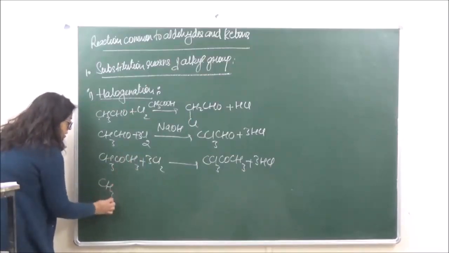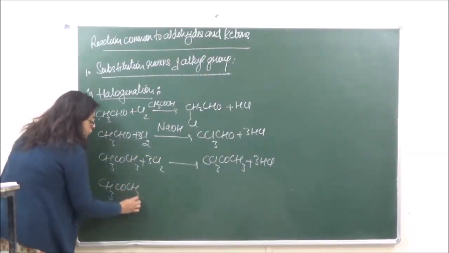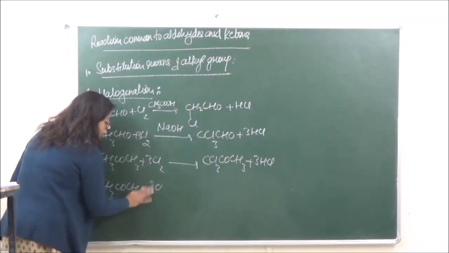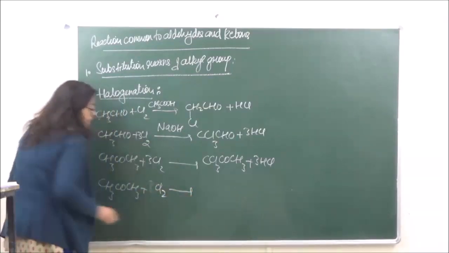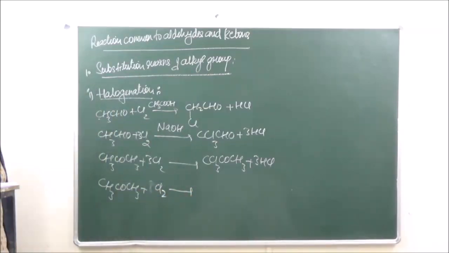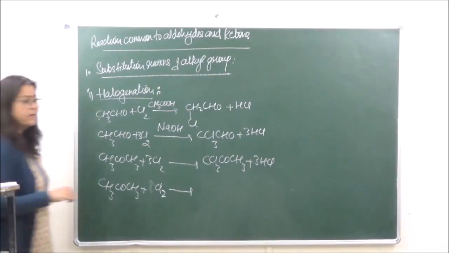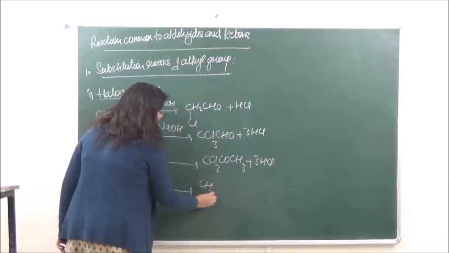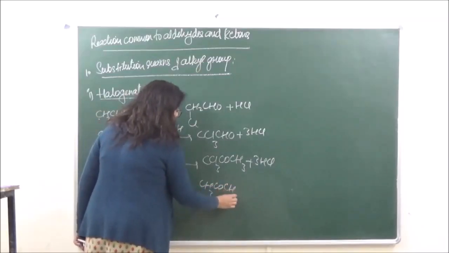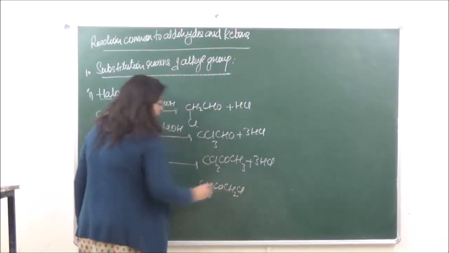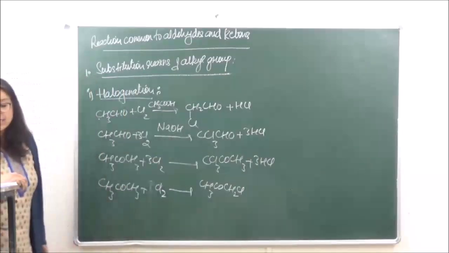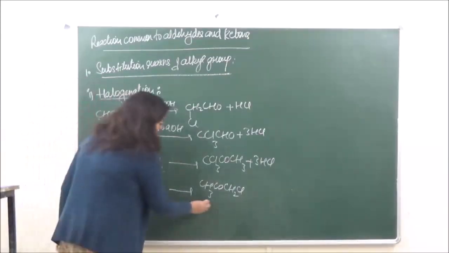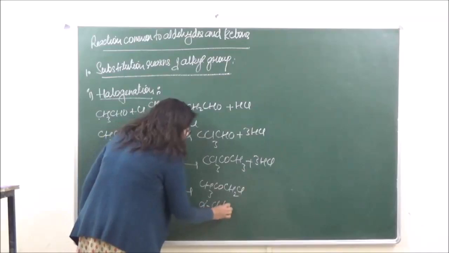Now if we take acetone and not excess of chlorine, stating only chlorine, in this case we are going to get a mixture of two products. One in which one of the hydrogens gets substituted. This is alpha chloroacetone.